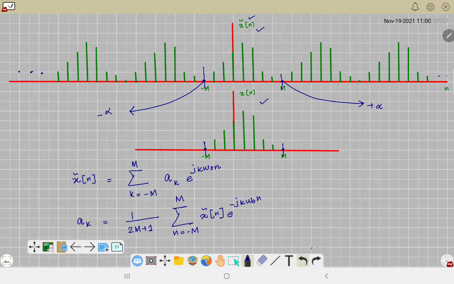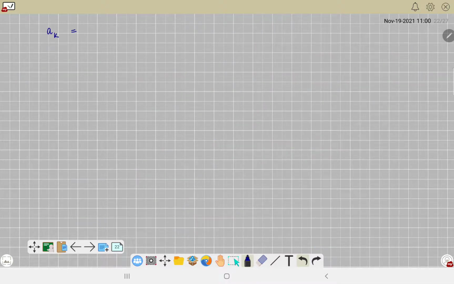So since the summation is defined from minus M to plus M, we can very much use the substitution here that in this range, that is over a single period, we can replace x tilde n by x of n, because within this range the two are the same, right?